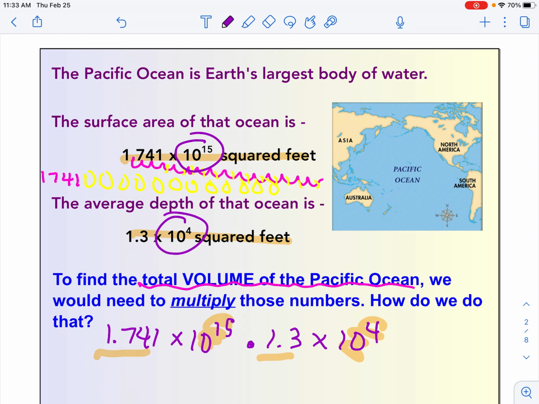So all we have to do is take 10 to the 15th, multiply by 10 to the 4th, and that's going to give us 10 to the 15 plus 4, 19th power. And then all we have to do is multiply these first two numbers together, 1.741 times 1.3, which gives us 2.2633. And that was a lot simpler.